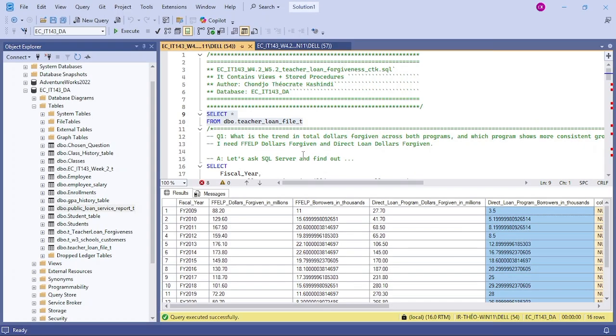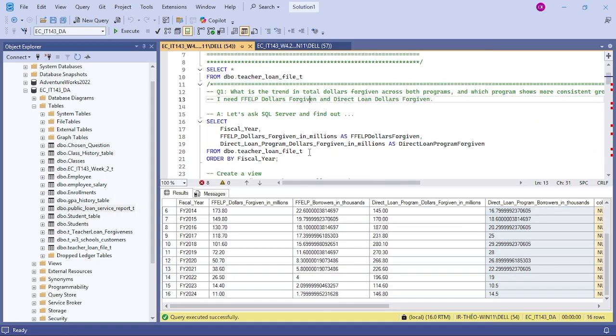Let's go and execute this first portion of code. This is a straightforward select statement, simply retrieving the dollars forgiven for this program and this program, ordering by years. So I will execute.